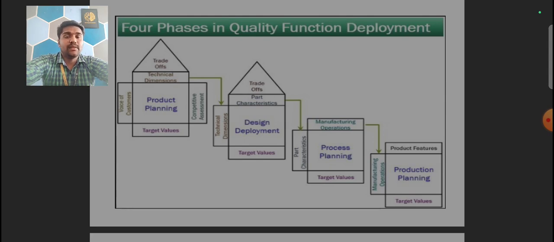In design deployment, we have to find 3 sectors. The target value is common for all, so the second and third aspects will be different. For design deployment, technical dimensions and part characterization have to be carried out. If a product needs to be designed, it has to attain the process of manufacturing.